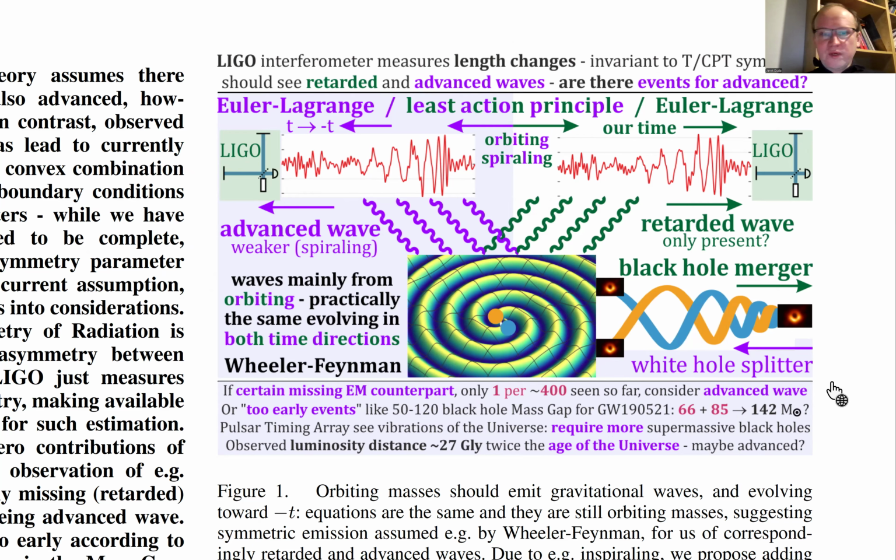Another type of argument: there are two early events, like this merger of two black holes of 66 and 85 solar masses, which are in the so-called black hole mass gap. In theory, they couldn't come directly from collapse, so to get them we need some hierarchical merger. But that needs time, and this time was needed both for the first and for the second.